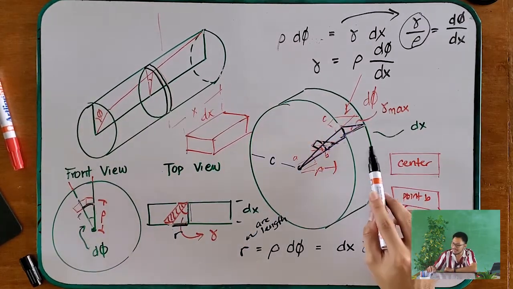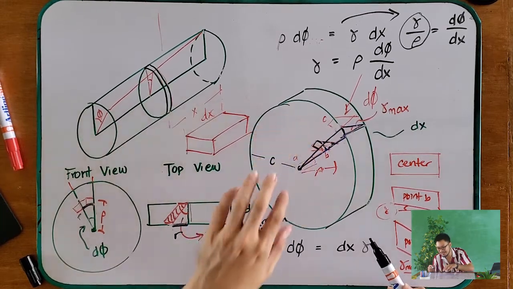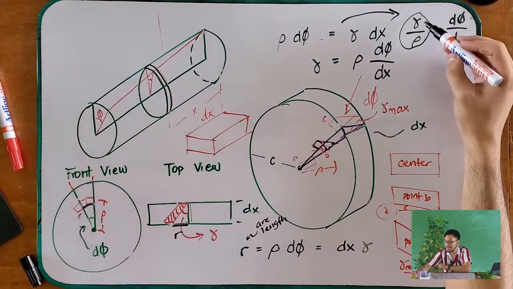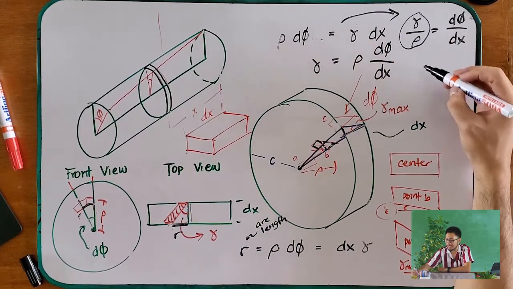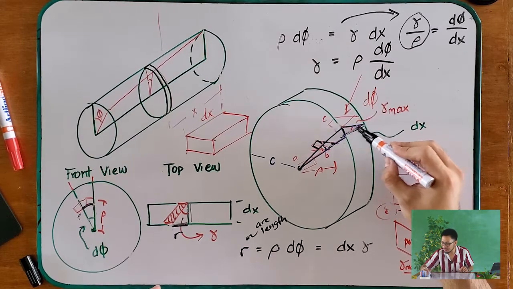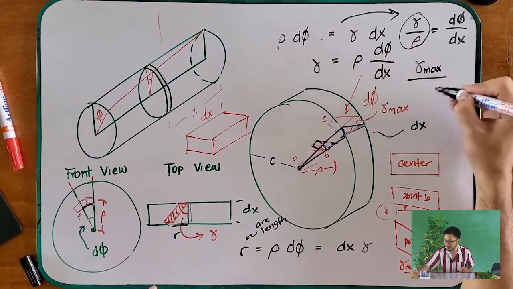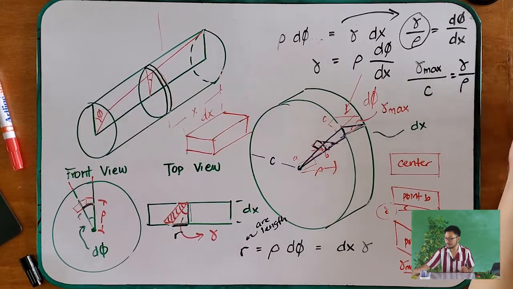And also your dx does not change from the inside or any part of this element. So therefore, instead of having gamma over rho, at the outermost you can equate it into gamma max over C is equal to gamma over rho. Okay?